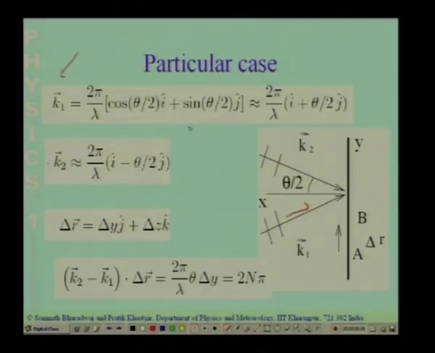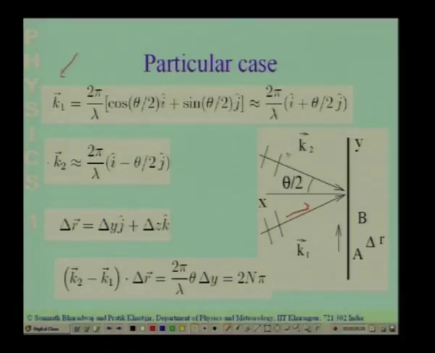This angle over here with respect to the x axis is theta by 2. So, this unit vector has a component cos theta by 2 in the x direction, it has a component sin theta by 2 in the y direction. So, it gives us the unit vector cos theta by 2 into i plus sin theta by 2 into j. Further, we are going to assume that theta is very small.